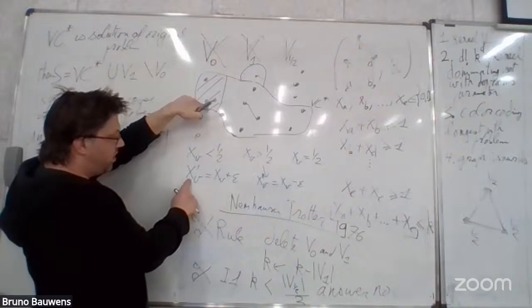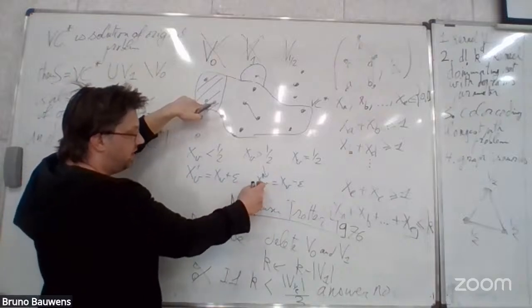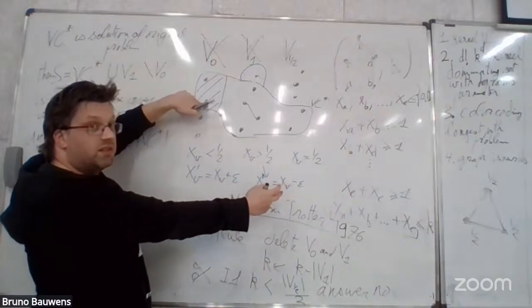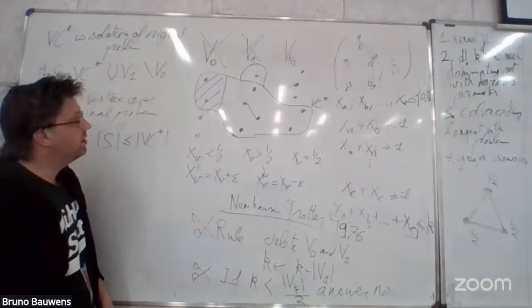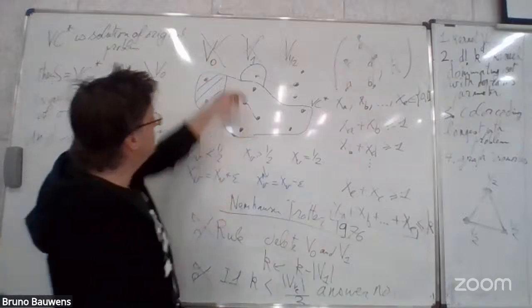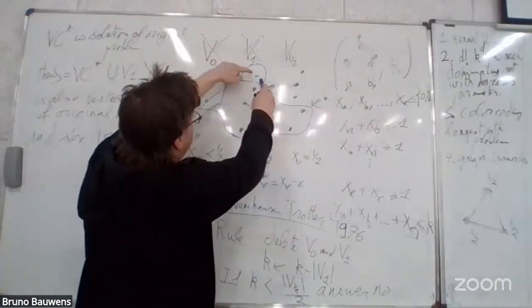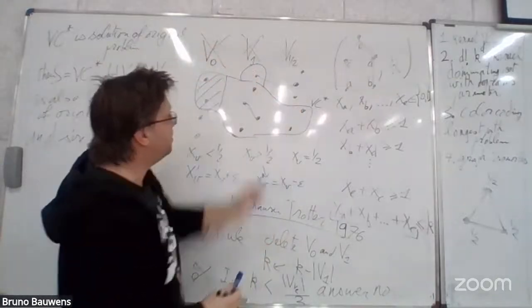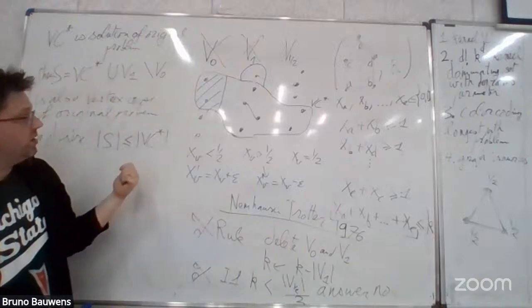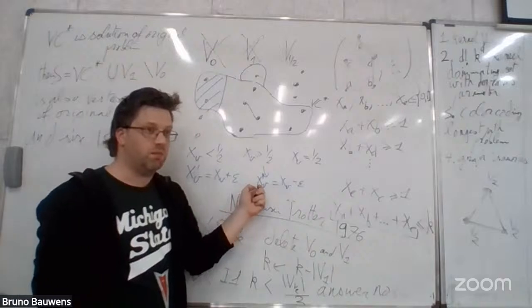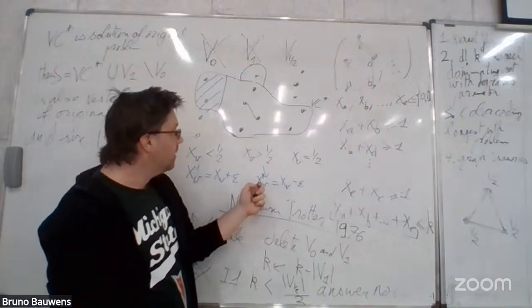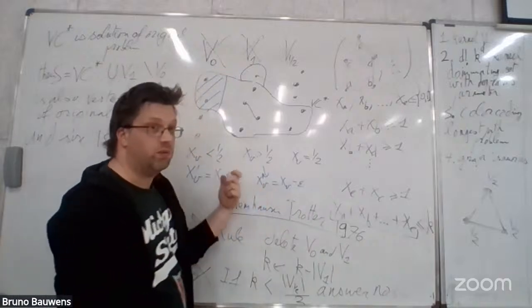Because x prime decreases on one side and increases on the other side, so no change. So I checked from here to here internally and from here to here. What we conclude is that this is also a solution if epsilon is indeed small enough. Okay, so we have a new solution.